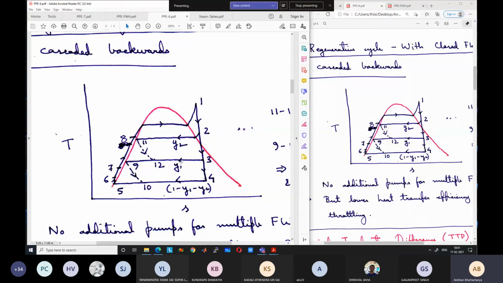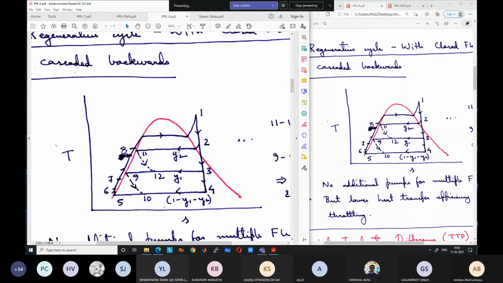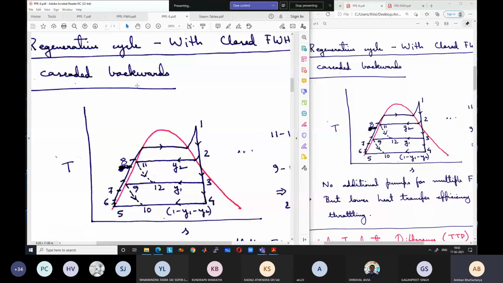We have a regenerative cycle with closed feed water heater with drains cascaded backwards. The boiler pressure is 10 MPa. First feed water heater pressure is 1 MPa. Second feed water heater pressure is 100 kPa. Then condenser pressure is 10 kPa. Steam enters the turbine at 600 degrees centigrade.